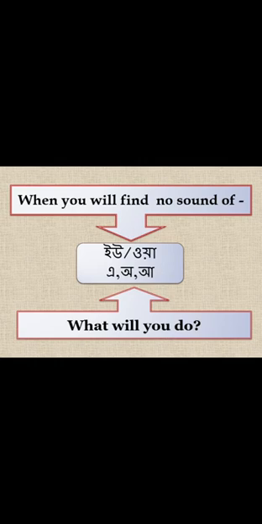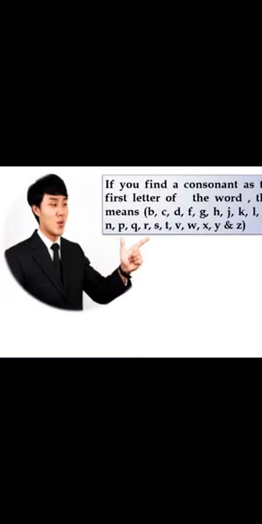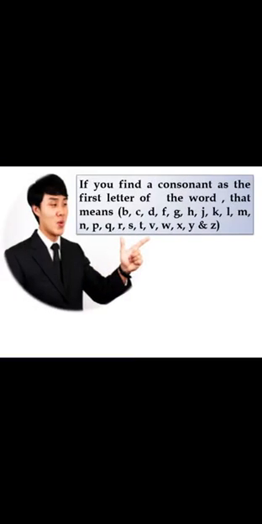When you find no sound of U, wa, A or E, what will you do? Let's see. If you find a consonant as the first letter of the word, that means B, C, D, F, G, H, J, K, L, M, N, P, Q, R, S, T, V, W, X, Y, Z. These are the consonants.